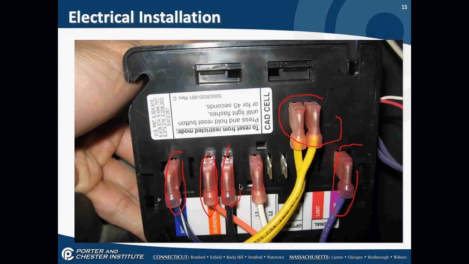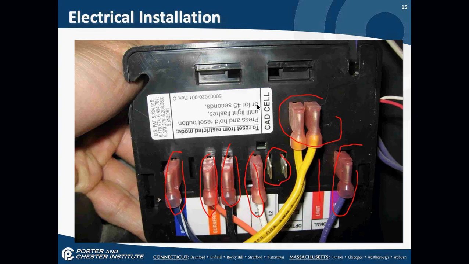My L1 is black, and my neutral is L2. I have some additional optional connections that I could go to an aquastat or outdoor reset. Okay, and this limit, you'll notice there's no pin for the limit. Okay, so there's nothing there. They use a standard body with a pre-printed thing.